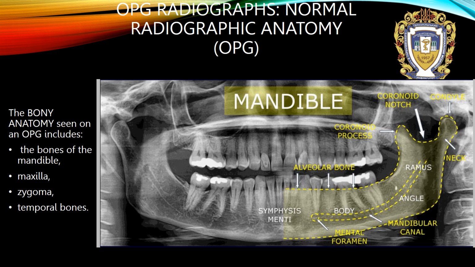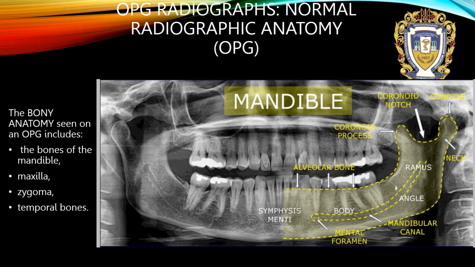Now about normal radiographic anatomy on panoramic X-ray. The bony anatomy seen on OPG includes the bones of the mandible, maxilla, zygoma, and temporal bones.